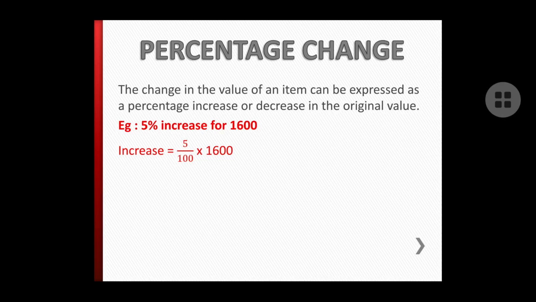So the increase will be 5% of the original value, or 5 by 100 into 1600. The zeros will be gone, and what is remaining? 5 into 16, which is 80. So this 80 is the increase value.